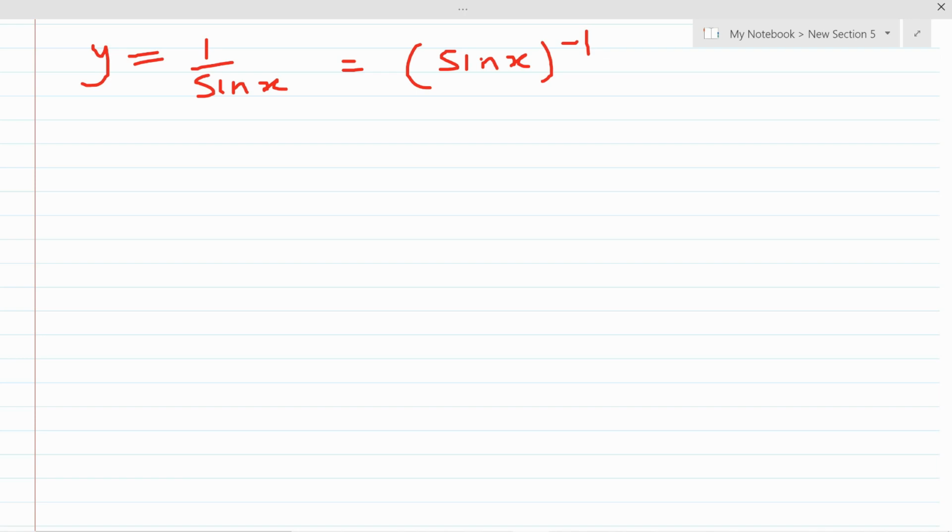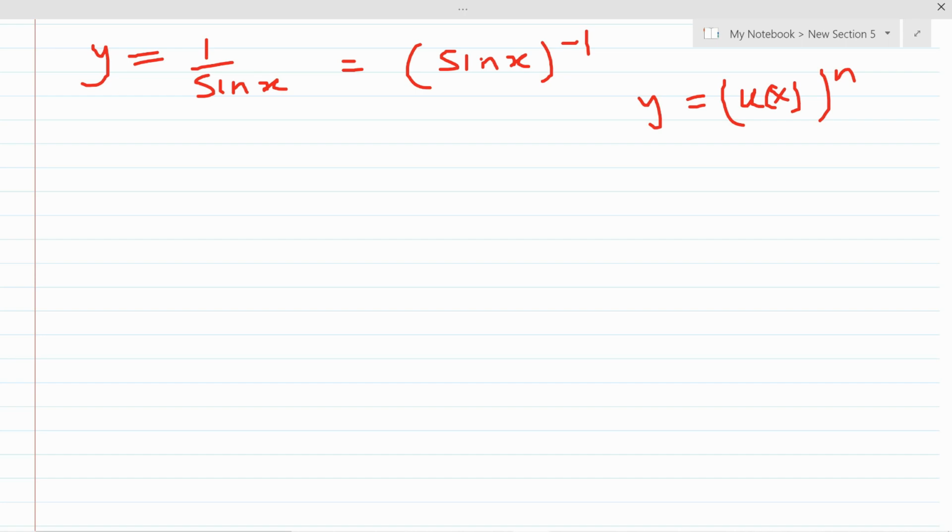Please just take notes. Alright, if that is the case, then using the chain rule, if you remember, we did some chain rule previously that we said if you have y equals u of x all to some power n, then you have to differentiate y with respect to x.